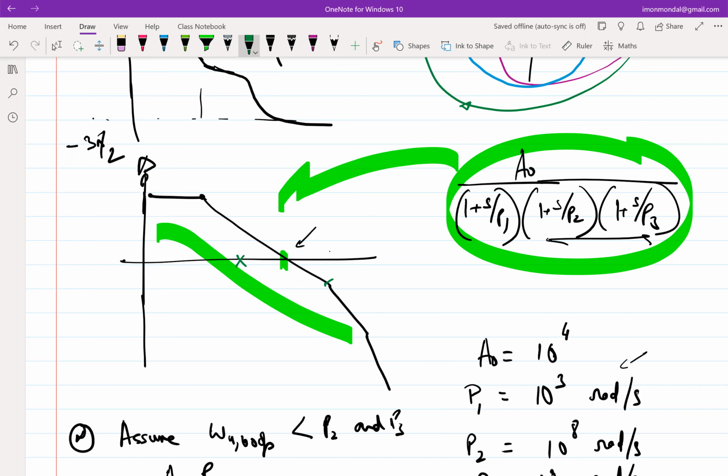And whenever you are hitting a pole, assuming there is no pole nearby, you are having an extra phase lag of minus 45 degrees, which means your Nyquist plot is going closer and closer to the minus 1 point from outside the unit circle, because you have high gain, right?